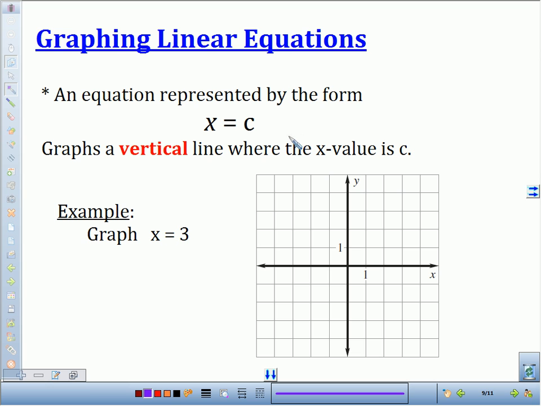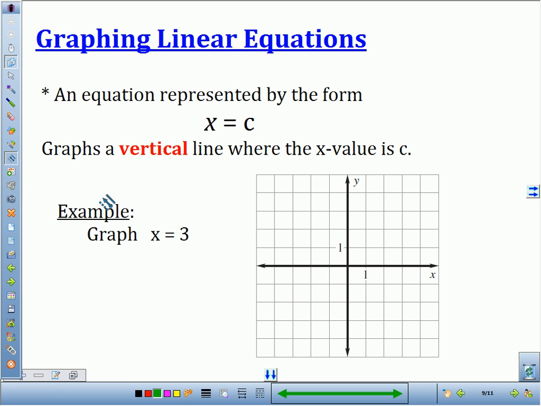There is no m at all. And in those cases, the equation that we would write would be x equals c, where c is the x value of the line.